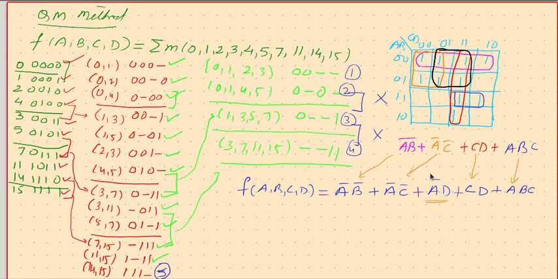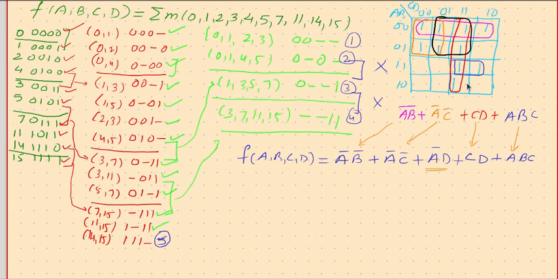Yes, we need some additional work to make sure that such redundant terms are avoided, and for that one extra step we need to do is just make sure that all the min terms are covered by your expressions. So what are the min terms we have?